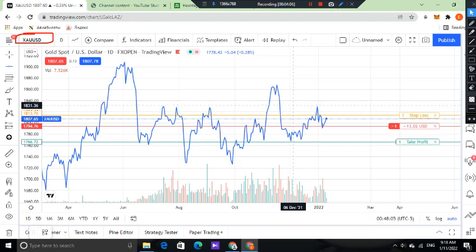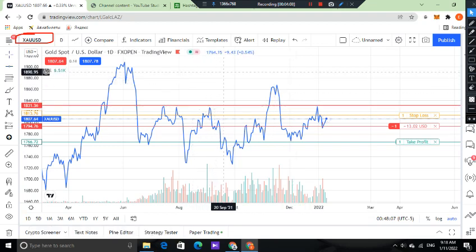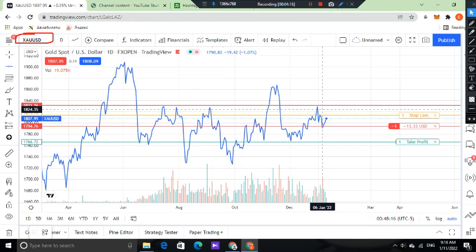So you can obviously see we have these levels here. For instance, this one, we have 1, 2, 3, and 4 reactions to this level, and all of them failed to break this level up, and they couldn't go any higher.